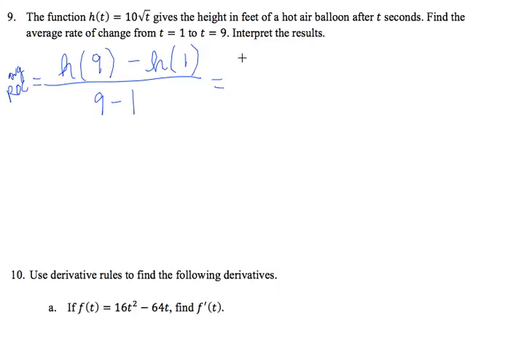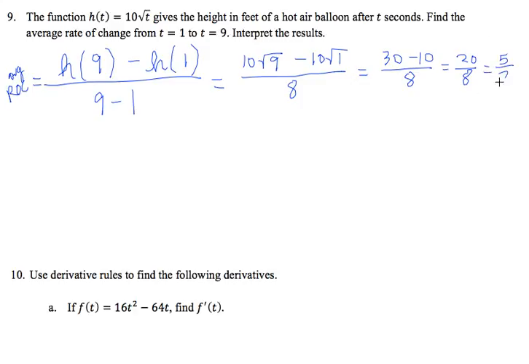So h of 9 is 10 times the square root of 9. h of 1 is 10 times the square root of 1, over 8. Square root of 9 is 3, times 10 is 30, minus 10 over 8, so we get 20 over 8, which reduces, dividing both by 4, to 5 over 2, or you could write 2.5, whichever you'd like.